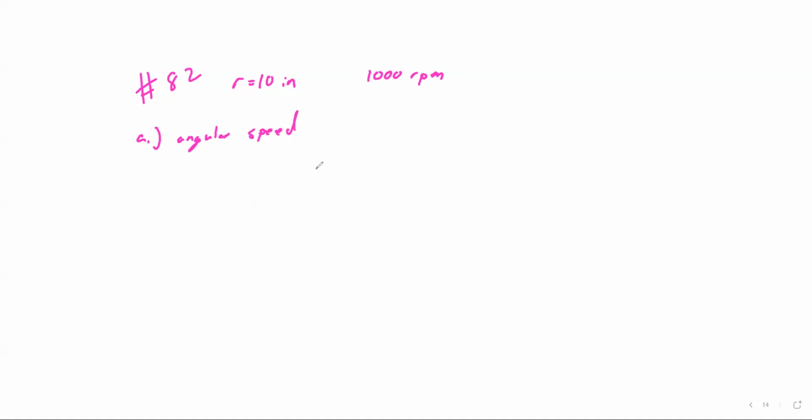Of a tooth of the blade in radians per minute. So it wants it in radians per minute. And this RPM here, just so we know, is actually rotations per minute, which I guess a rotation would be a radian. So I guess these are kind of the same.